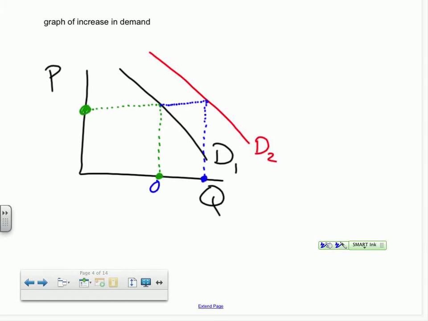This is your quantity 1 over here, and this is your quantity 2 over here. Notice it went this direction, to the right. Is that an increase or a decrease? Well, remember, that represents 0. If you're getting further away from 0, that is an increase in demand. So that is what an increase in demand looks like.